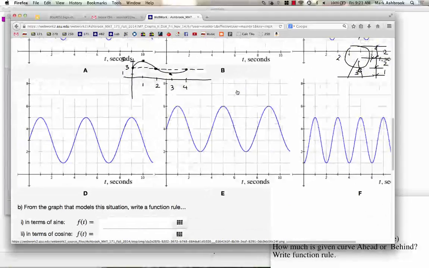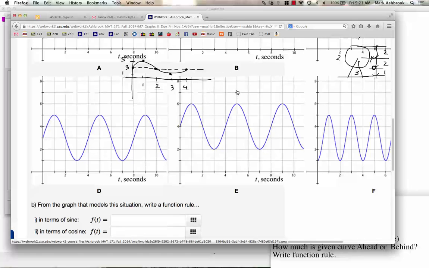Which one is it? 0, 3, 1, 5, 2, 3. Yeah, looks like this one. So this is the graph that matches the one we drew.